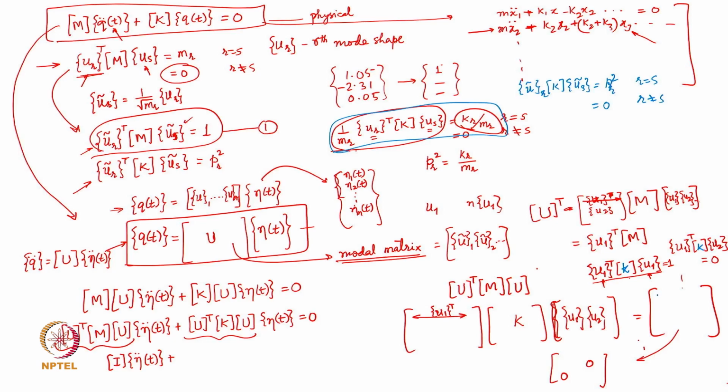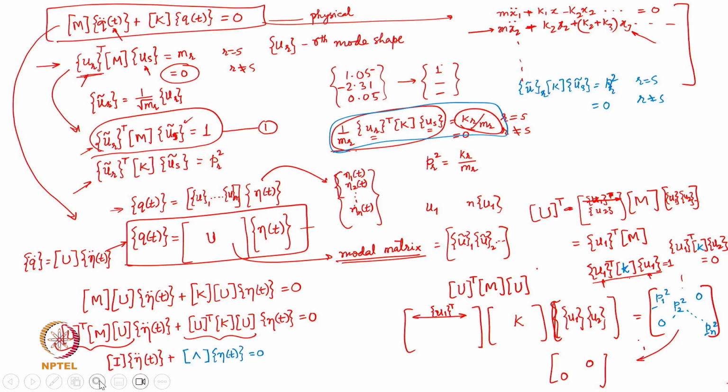So, what is going to happen is that you are going to get P1 square, the second diagonal element as P2 square and up to Pn square, and all these off diagonal elements are going to be 0 because of the orthogonality. That basically means that this matrix is a diagonal matrix containing all the squared natural frequencies, which are your eigenvalues, times eta of t equal to 0.